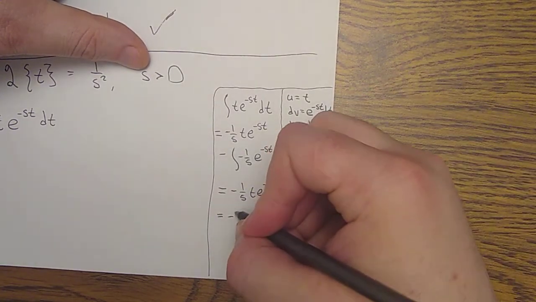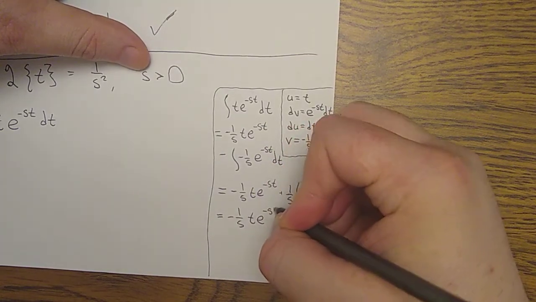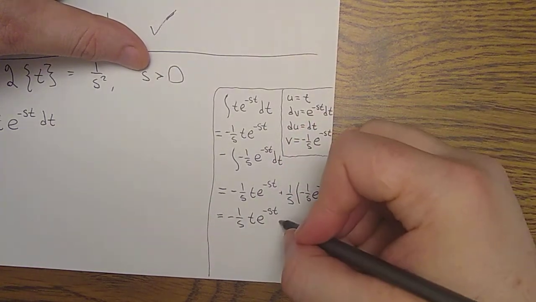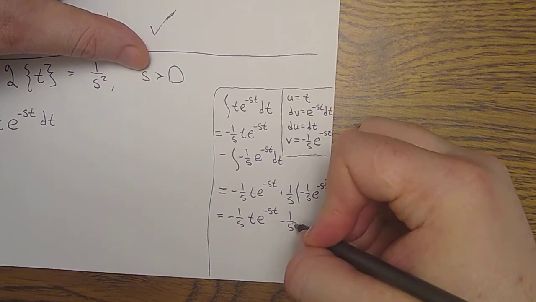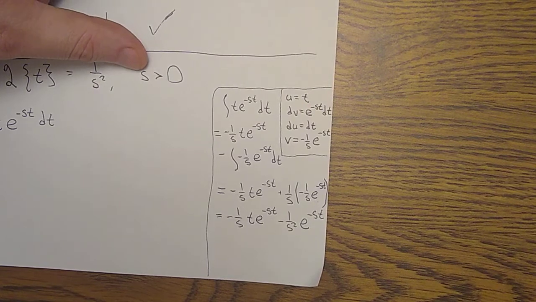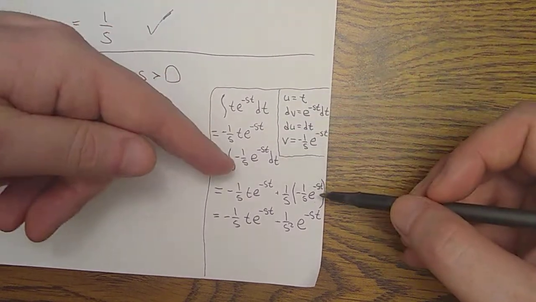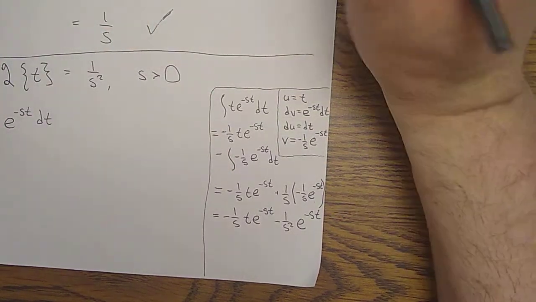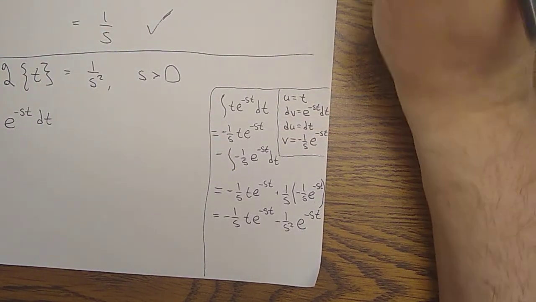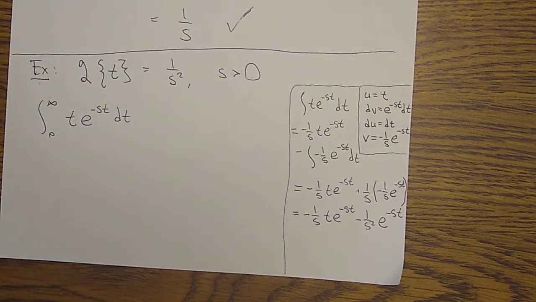I get negative 1 over s t e to the negative st minus 1 over s squared e to the negative st. And I guess maybe I should put plus c on this integral, but I'm about to plug it in with limits, so the plus c wouldn't really matter.